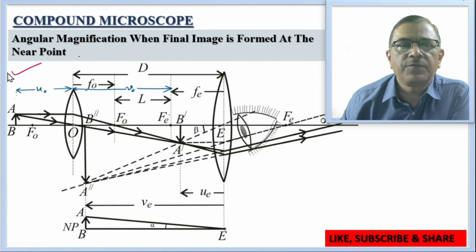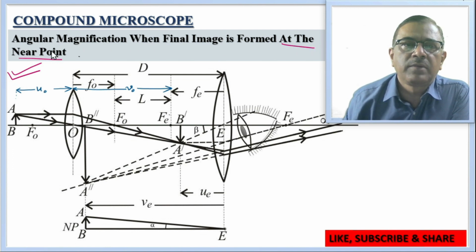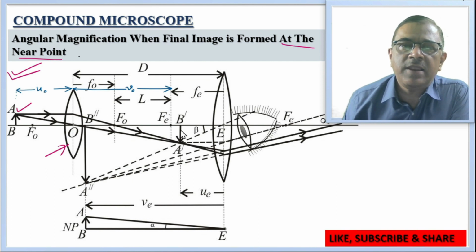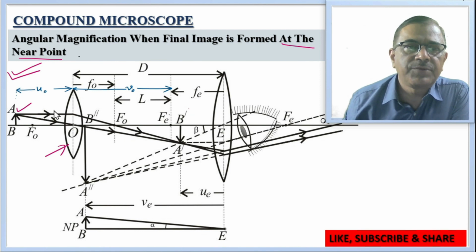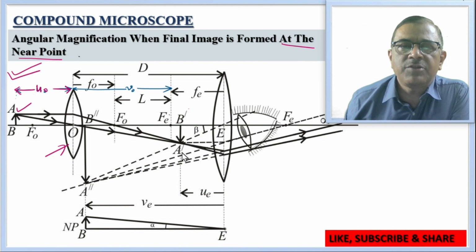It is the ray diagram for case number 1 when the final image is formed at the near point. For the objective lens, AB is the object and A dash B dash happens to be its real, inverted and magnified image. You should also notice that the object is at a distance UO from the objective lens, and the image A dash B dash is at a distance VO from the objective lens.